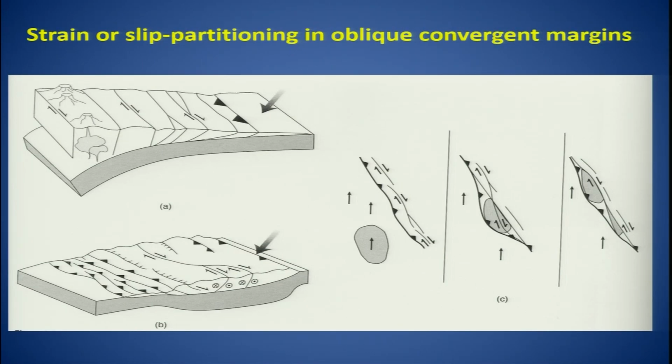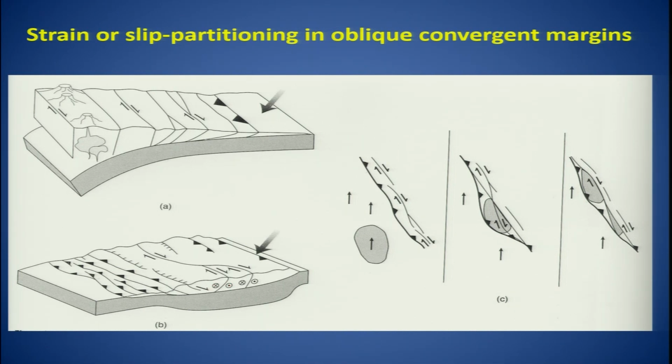Similarly here also this has been shown, and in most of the literature you will find this symbol, the circle with a dot inside. Usually this represents which block is moving towards you. In this case this portion of the block is moving towards you, and this is away from you, and this is towards you and away from you.